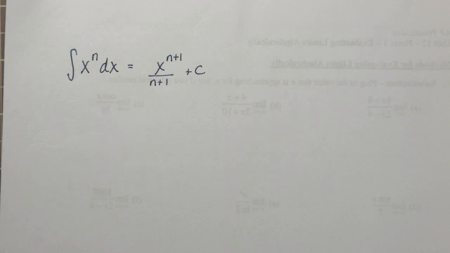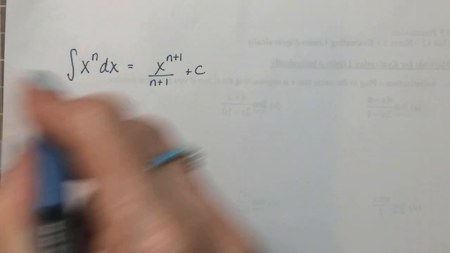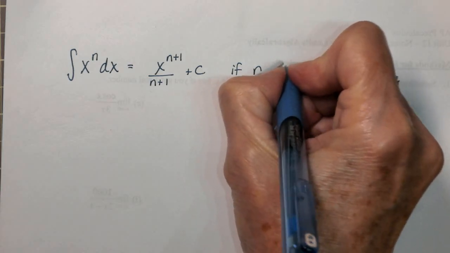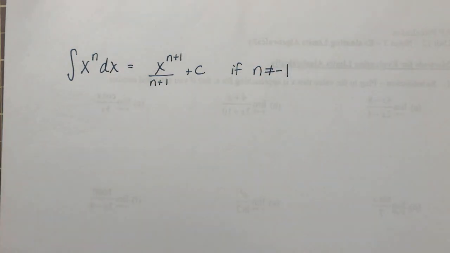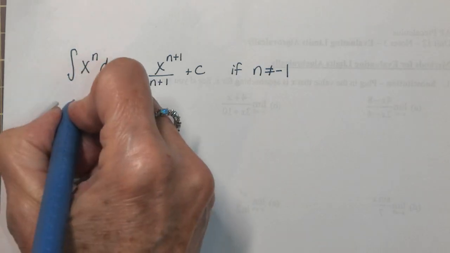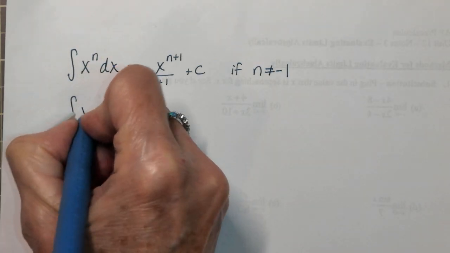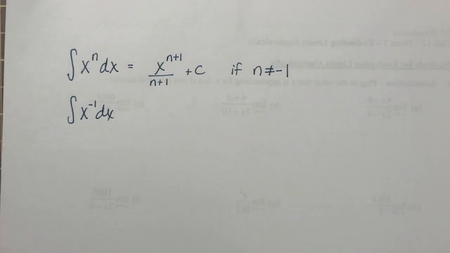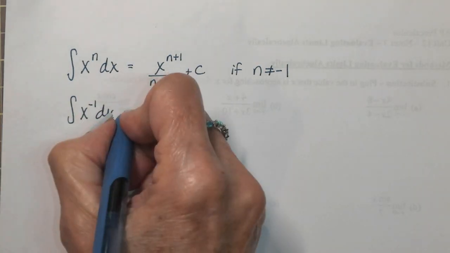If you recall, when we talked about the power rule, I said that this rule is good for every n except -1. So what happens if n is -1? If n was -1, then we would have that integral antiderivative.